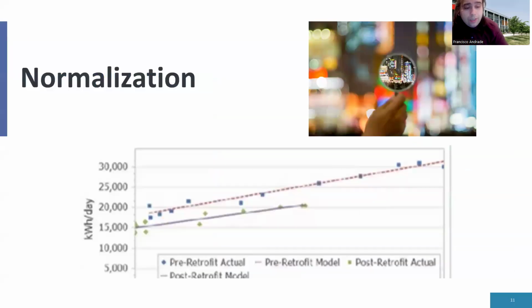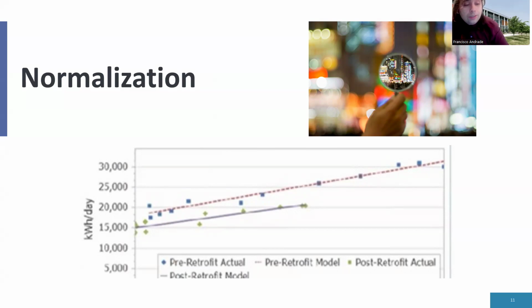On this graph, we can see the old system in red at the top, and the new system in a purple-blue line, which shows the savings as we compare one energy model with another. What normalizes here is the independent factor, the x value, heating degree days. So we put both models under the same conditions, which normalizes the situation.